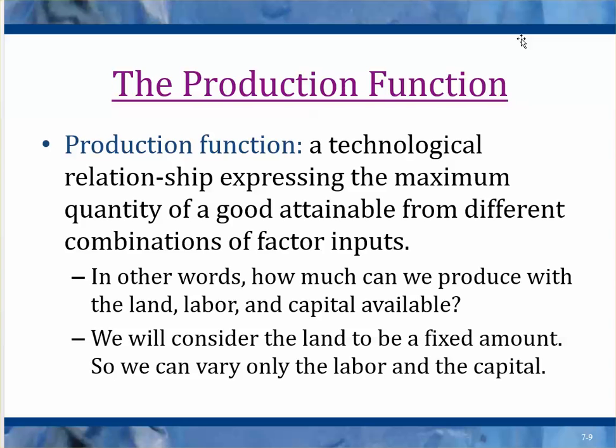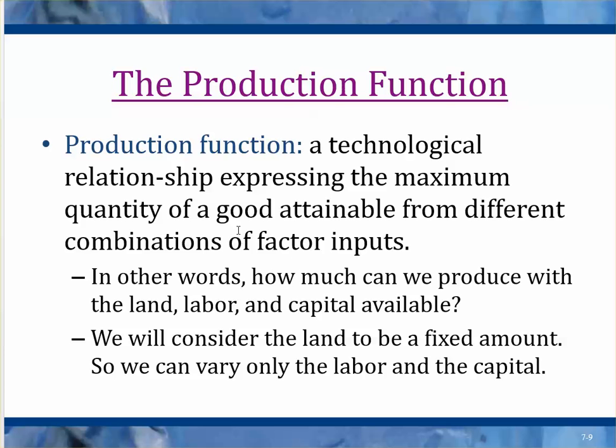So the definition of production is for you to produce the high quality product. The production function is a technological relationship expressing the maximum quantity of the good attainable from different combinations of factor inputs.